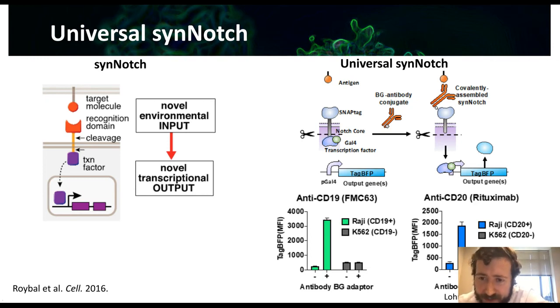We can also do this using an anti-CD20 adapter, the rituximab adapter, again seeing only response when we have the CD20 positive cell. This is very exciting, and now we're working on applying this technology to lead to production of therapeutic gene outputs to try to enhance CAR T cell therapy using these engineered SynNotch receptors.